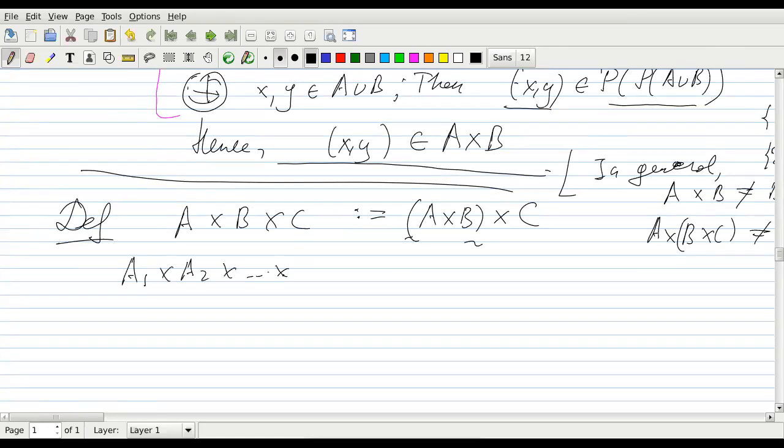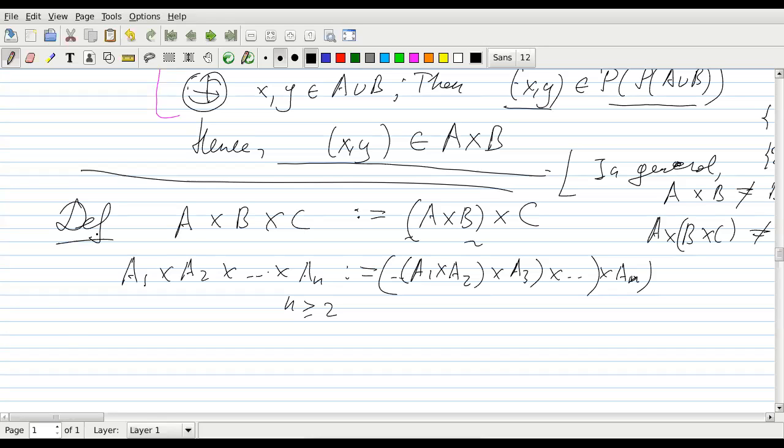And in general, if I have n sets, where n is at least 2, I'll do this thing. Is this convention clear? Yes.